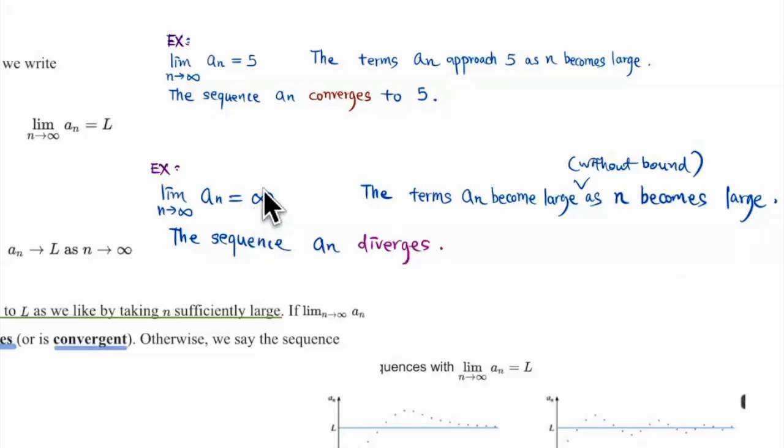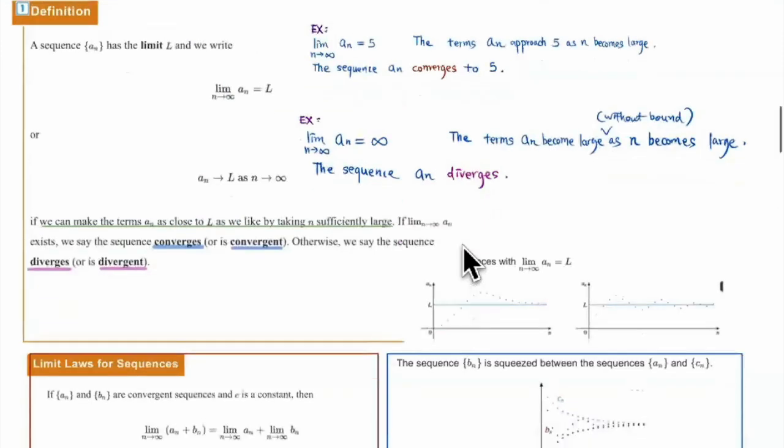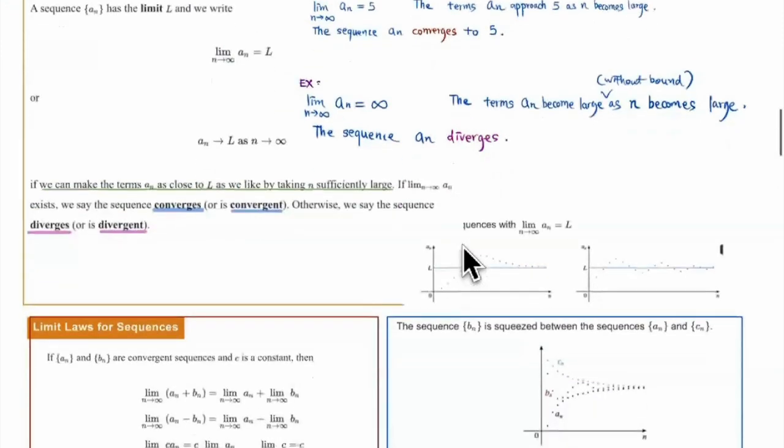And when the limit is not a real number, we say the sequence diverges. Converging means the limit is a real number. If it's not a real number, it diverges.